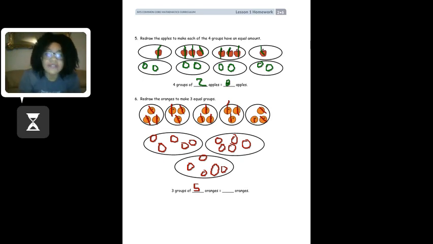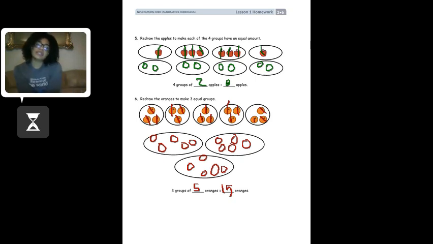So I know that there's 15 oranges in all. And later in 3rd grade, you'll see that 5 plus 5 plus 5 is 15, and 3 times 5 is 15. Or 3 multiplied times 5 is 15.